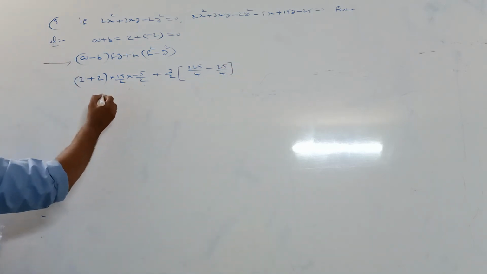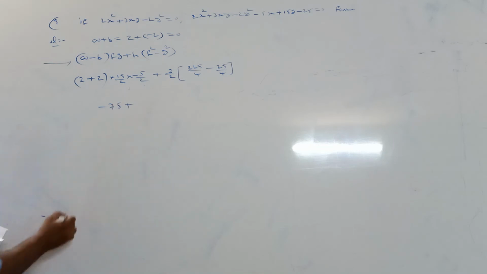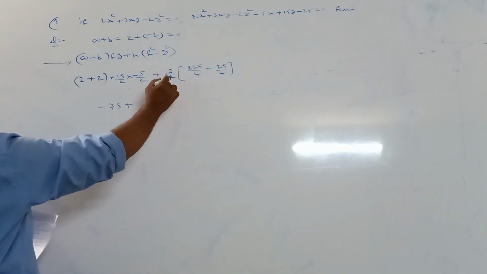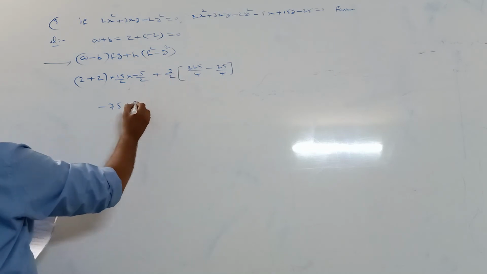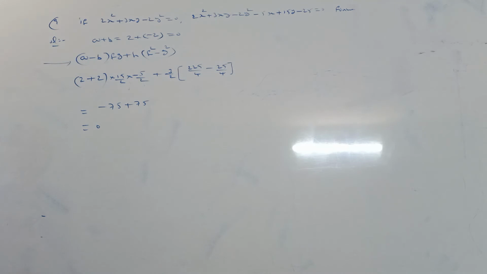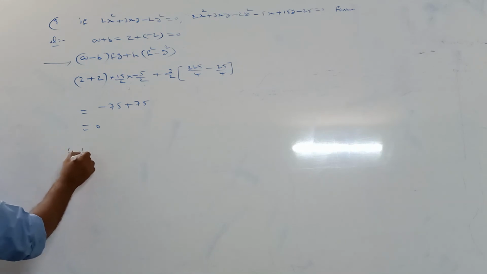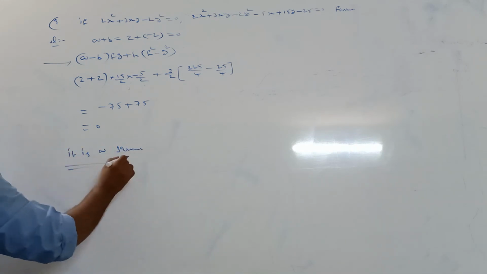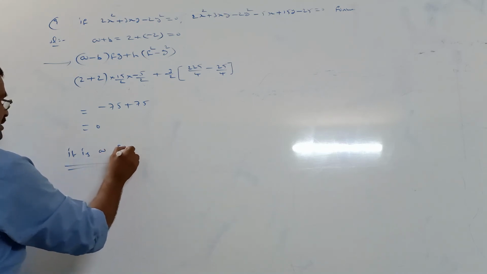Obviously here the 4 cancels, and the first term is minus 75. Here 200 by 4 is 50, 3 by 2 into 50 is 75. According to calculation, we got 0. So a + b is 0 and this condition is 0. Obviously it is a square. The 4 lines form a square.